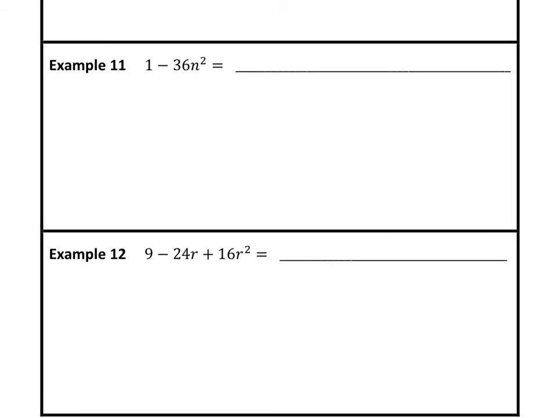The next one is two terms, 1 and 36n squared. So it might be a difference of squares. Since we're checking for a difference, we want to check if there's subtraction going on. Yes, there is. Then we want to check, can I take the square root of 1? Yes, I can.